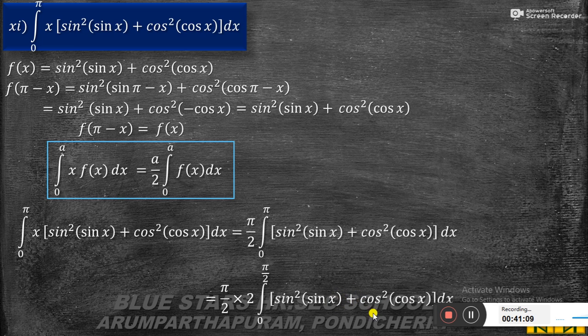So for an even function we write 2 into 0 to pi by 2 sine square of sine x plus cos square of cos x dx. The even function condition means integral from minus a to plus a of f of x dx equals 2 times integral 0 to a f of x dx. This is the even function condition.